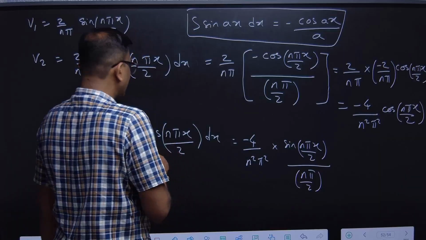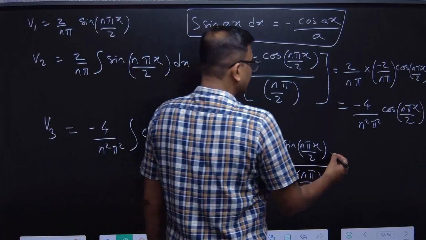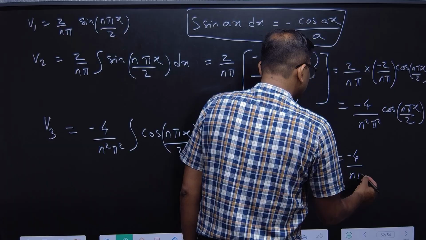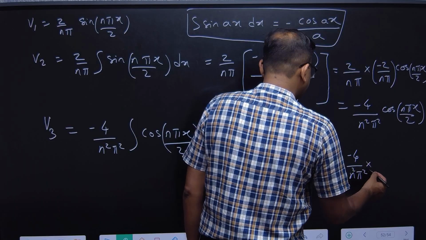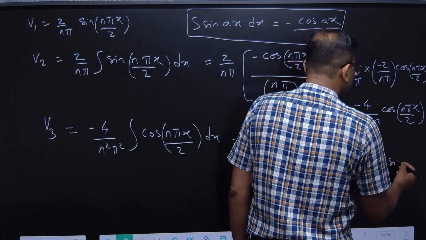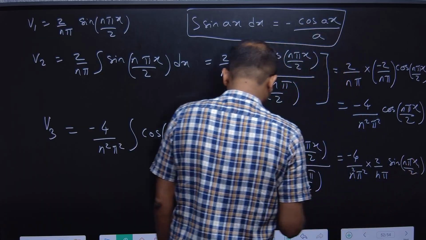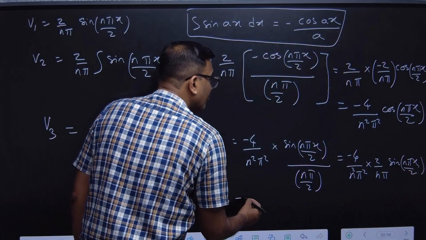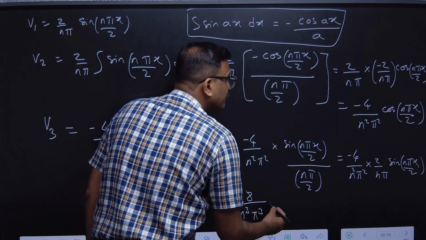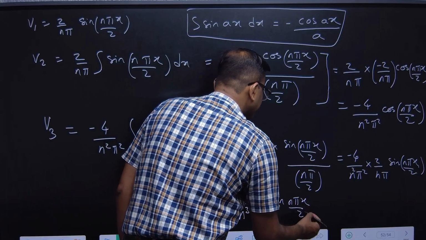We know integration of cos ax is sin ax upon a. The reciprocal of n pi by 2 gets multiplied. So minus 4 upon n square pi square into 2 upon n pi into sin n pi x upon 2 becomes minus 8 upon n cube pi cube sin n pi x by 2.